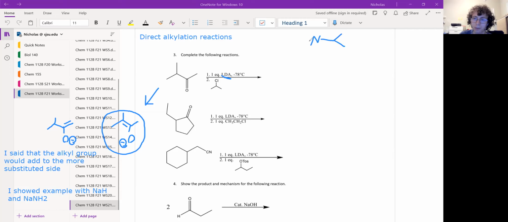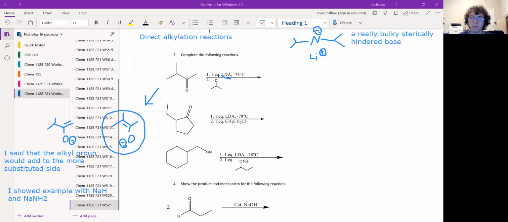And that's a bit important because this is LDA. It has a nitrogen with a negative charge, and then there's a lithium counter ion. And we have these two isopropyl groups attached to it. The drawing doesn't really do it justice, but those isopropyl groups are really large. They take up a lot of space. So this is a really bulky, sterically hindered base.